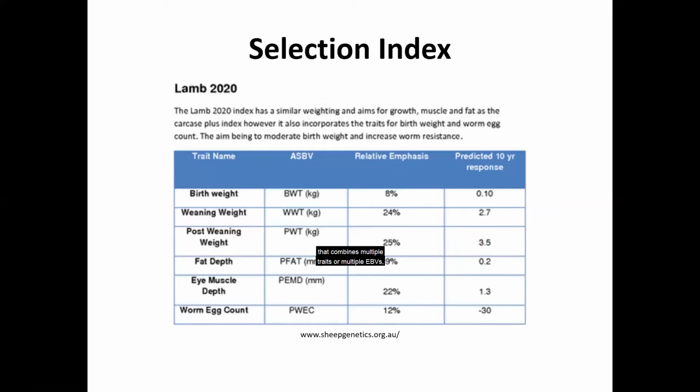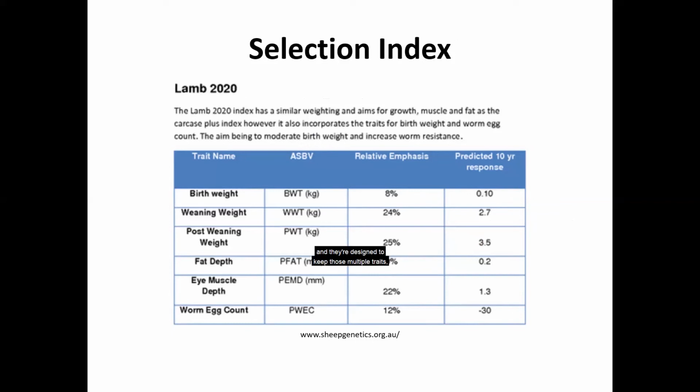And that's why with EPDs or EBVs, many times they're combined into a selection index that combines multiple EBVs for different traits that are each weighted by a relative emphasis, to give us one number at the end.